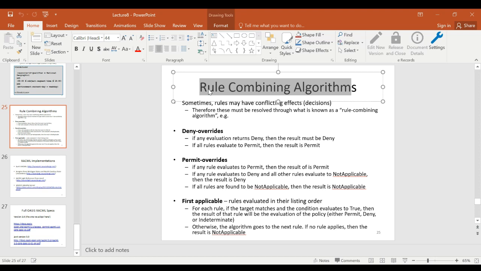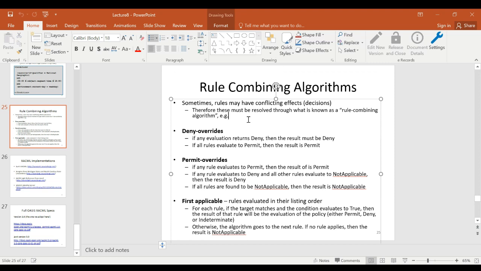We want to give one final outcome. Of course, like any other algorithm, you can write a rule combining algorithm in whichever way you want to write it, but there are a number of predefined algorithms that are used widely.